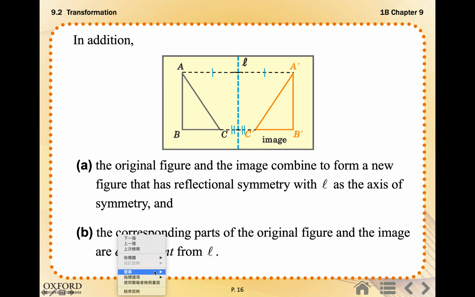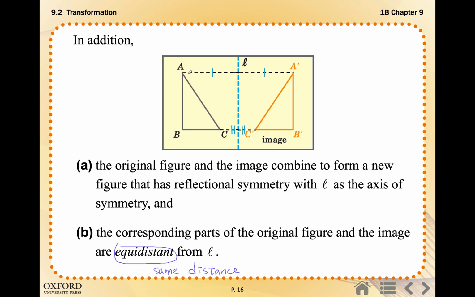That means same distance, okay? They have the same distance, or you may say the same length. That is the meaning of the word equidistance.